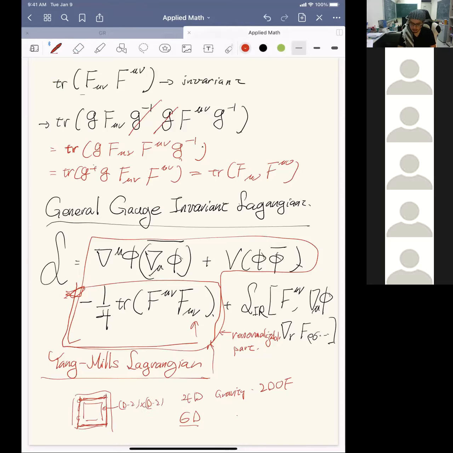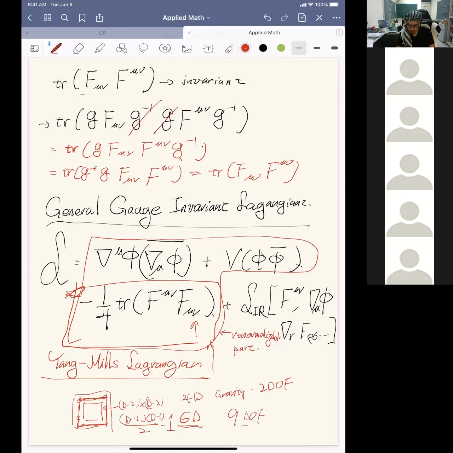But it's a symmetric matrix, so that means that it's (D minus 2) times (D minus 1) divided by 2. And of course, we need it to be traceless to get minus 1, right? So if D equals 6, then this is 5 times 4 divided by 2, which is 10, and indeed you have 9 degrees of freedom.